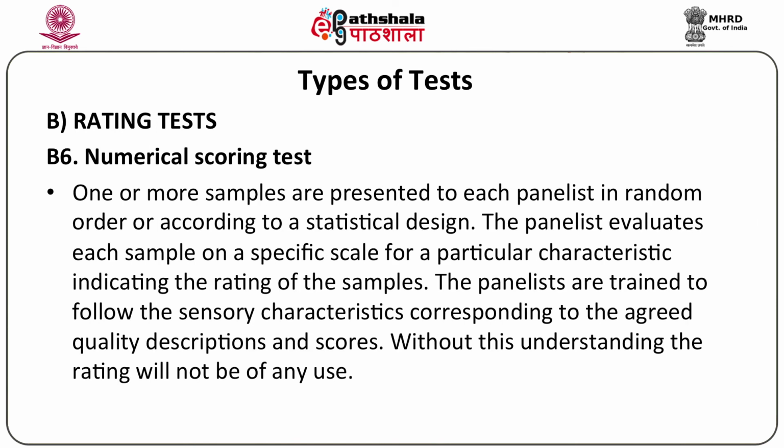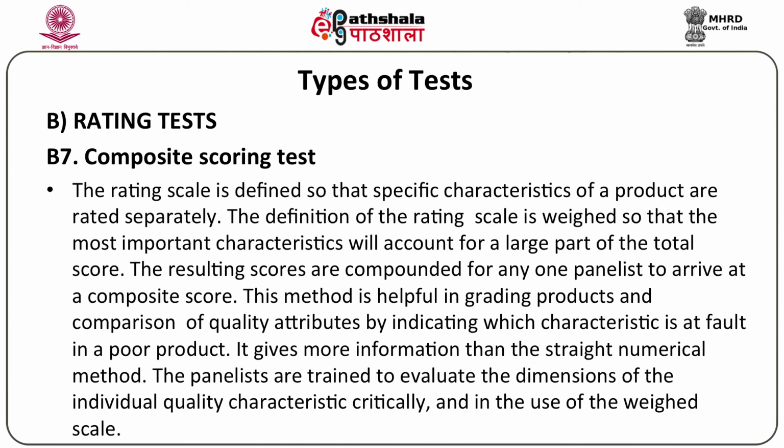Then we have the numerical scoring test. 1 or more samples are presented to each panelist in random order according to a statistical design, and the panelist evaluates for the particular quality. The composite scoring test is a rating scale defined so that the specific characteristics of a product are rated separately.